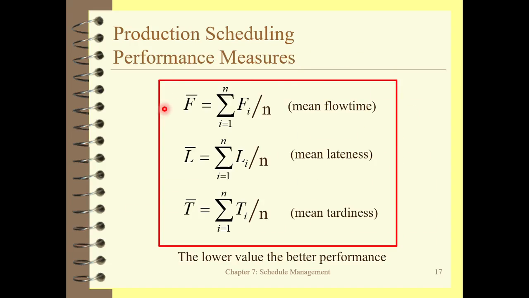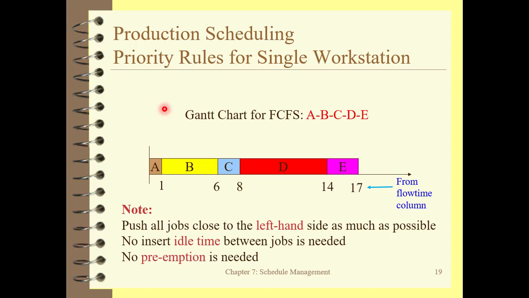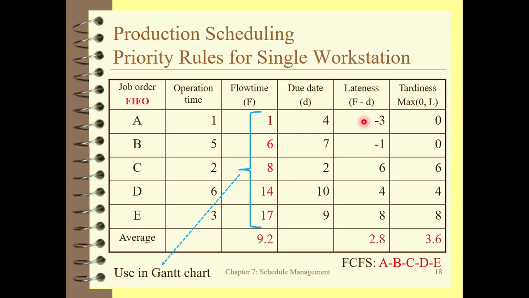Then according to first come first serve, for the sequence you have to look at the Gantt chart. Sorry, I put the Gantt chart here. First come first serve, the sequence is A, B, C, D, E. You put A, B, C, D, E here, and then the operation times, just copy from the question: 1, 5, 2, 6, 3. And the flow time is quite simple.